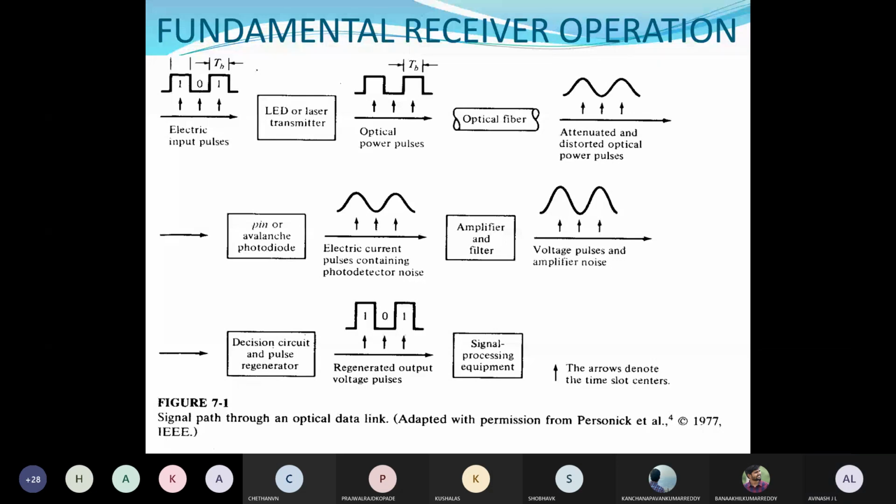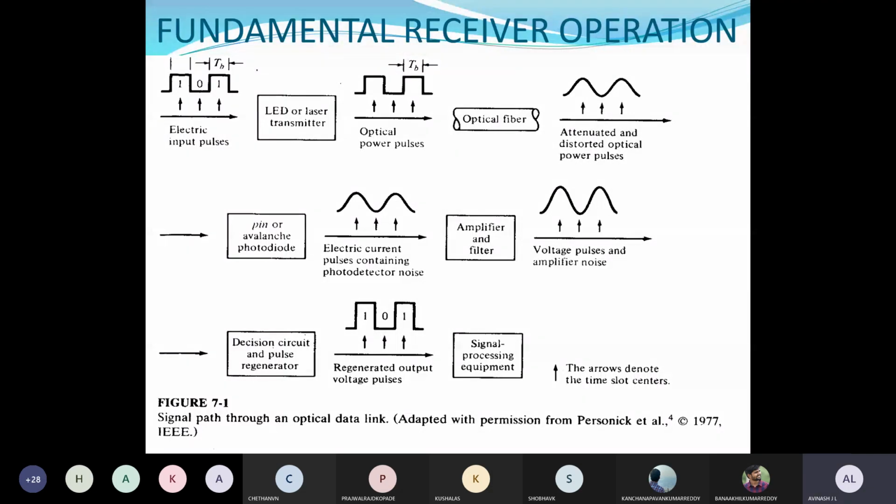To understand the fundamental receiver operation, we have a diagram showing your signal path, how it passes through the optical data link.